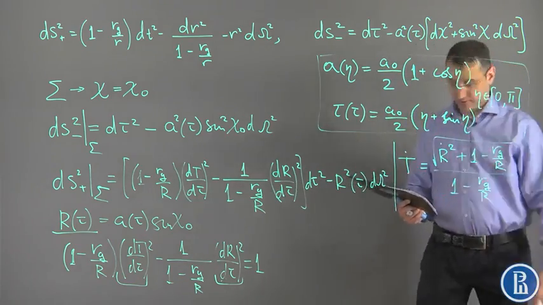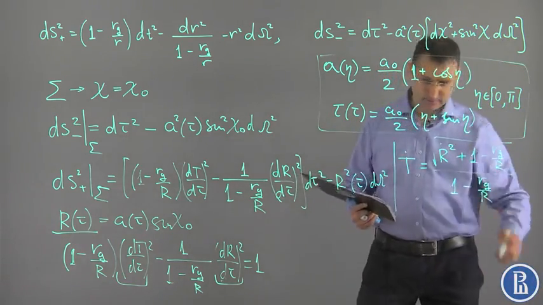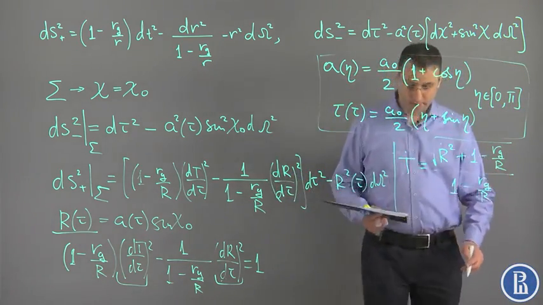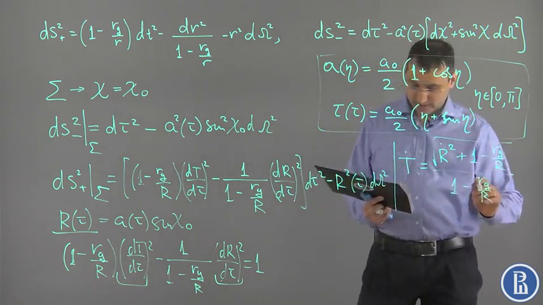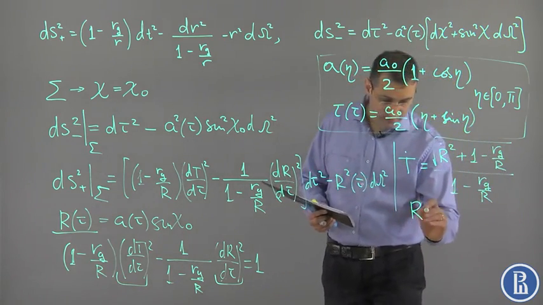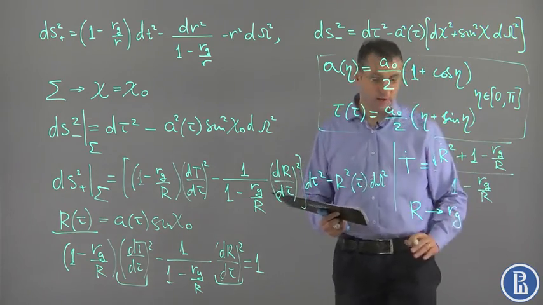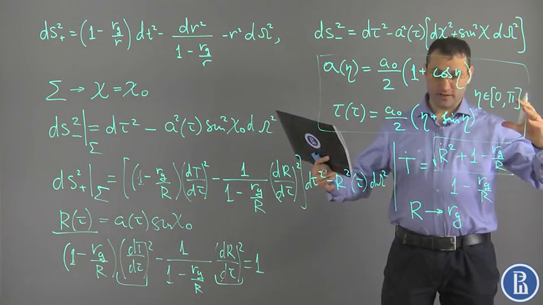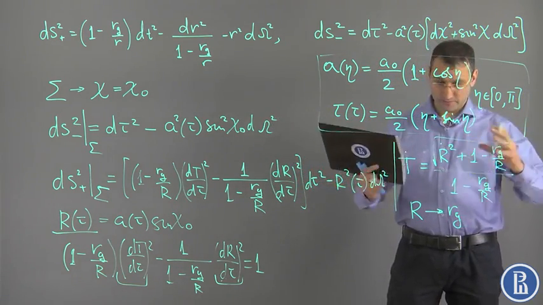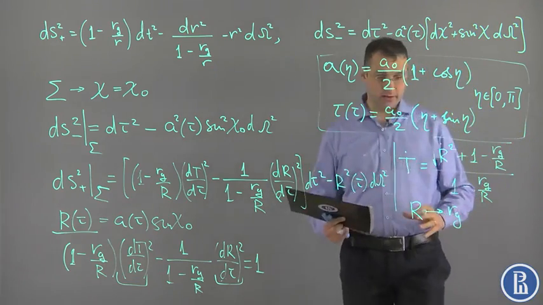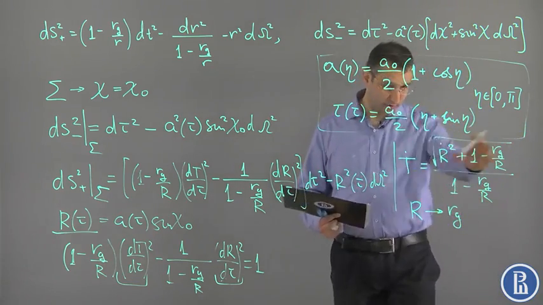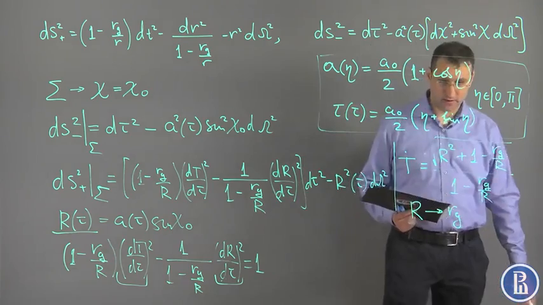So this equation, if we know r of tau from here, we can find t of tau after integration. This can be done, but let us just stress here that as r goes to rg, so as the surface of the star approaches its gravitational radius, we can asymptotically find the solution of this equation.